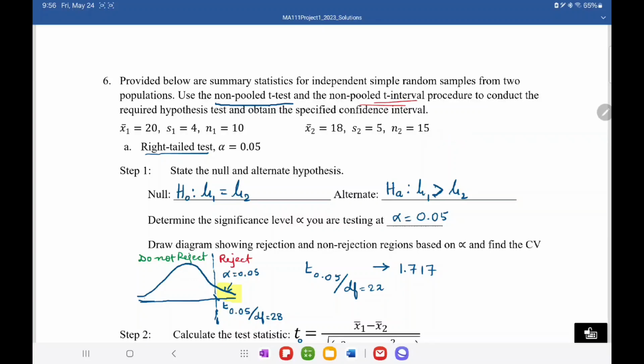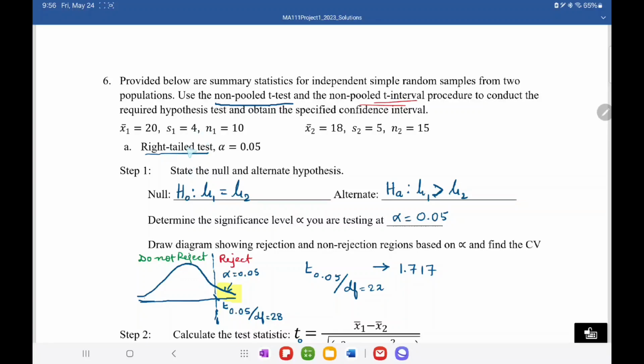So again, this is not an application-based problem. They've given us the summarized sample data from both populations, and they've said perform a right tail test with alpha equals 0.05, the significance level.